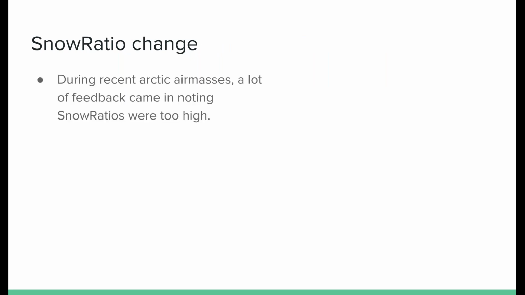Something that's a little bit outside of ForecastBuilder is we'll talk a little about SnowRatio. We had a good amount of feedback during the first Arctic airmasses that came down, especially at the end of December and early January, about SnowRatios being too high.